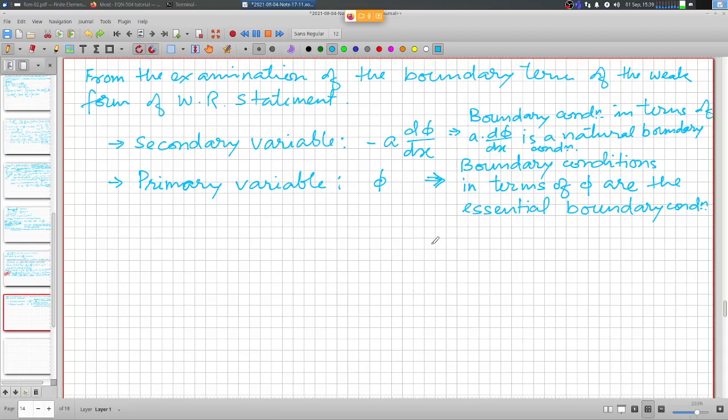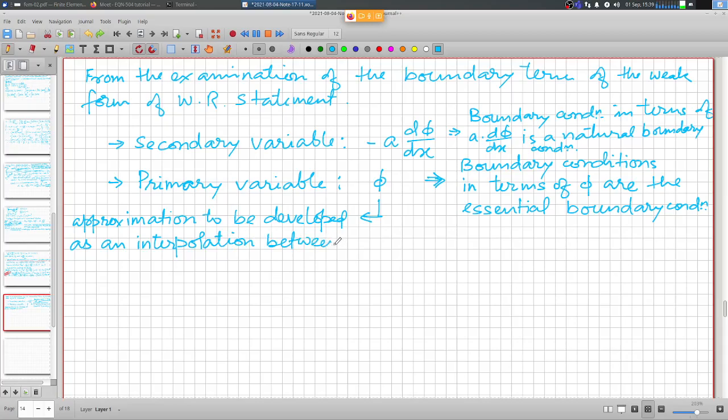Secondly, the approximation that we develop is to be developed as an interpolation between the nodal values of primary variable.